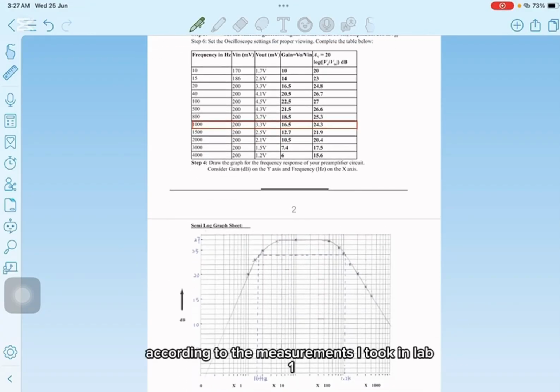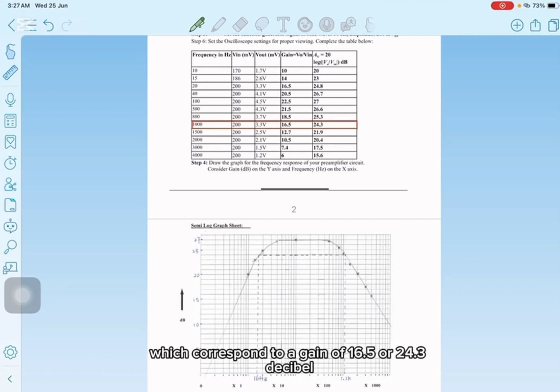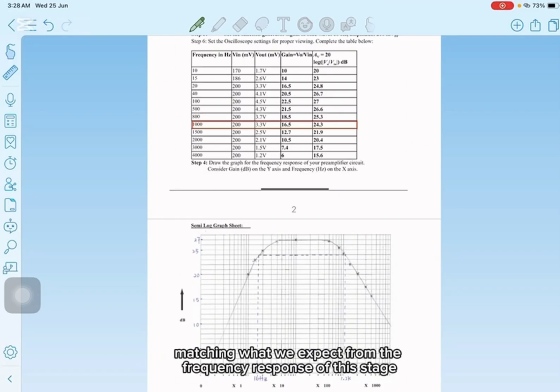According to the measurements I took in Lab 1, when a 1 kHz, 200 mV Vpp sine wave was applied at the input, the output at TP2 was around 3.3 Vpp, which corresponds to a gain of 16.5 or 24.3 decibels, matching what we expect from the frequency response of this stage.